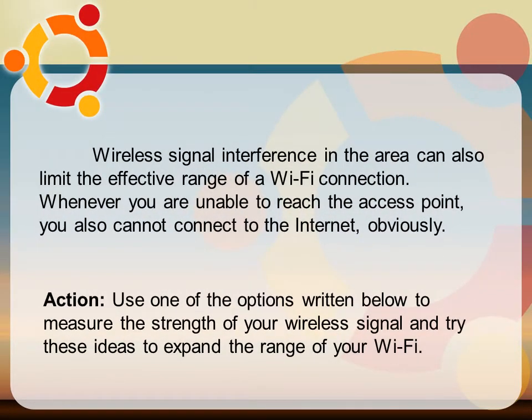Wireless signal interference in the area can also limit the effective range of a Wi-Fi connection. Whenever you are unable to reach the access point, you also cannot connect to the internet, obviously. So the action: use one of the options written below to measure the strength of your wireless signal and try these ideas to expand the range of your Wi-Fi.